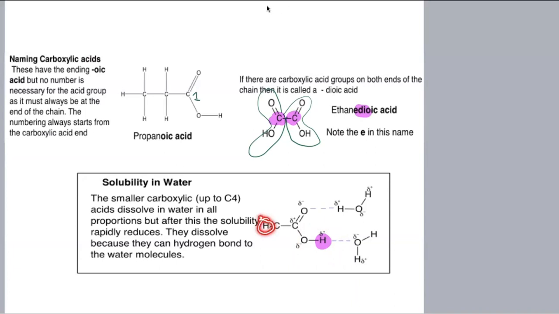If you want, you can label this dotted line as hydrogen bond. Same thing as this. So the hydrogen bond happens on the slightly positive hydrogen and the slightly negative oxygen. I will not talk much about hydrogen bonding because that's already covered in your AS.